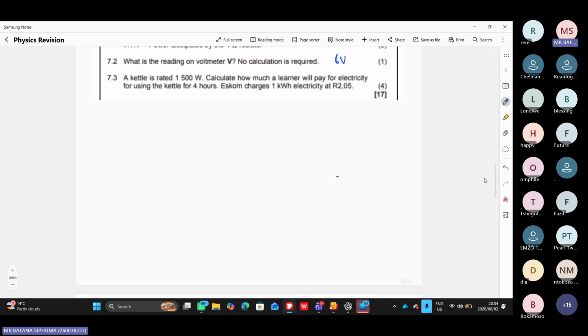Then here, when we are calculating the cost, what I know is that cost is equal to PTR. Now, this is the formula.